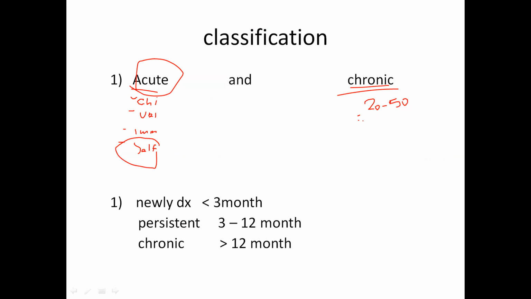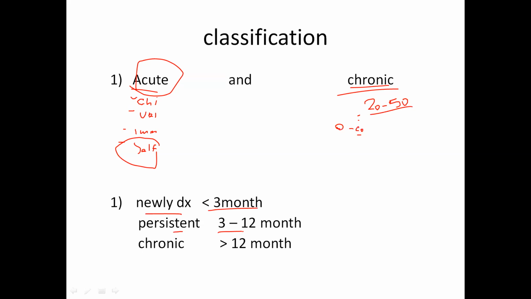Whenever you find ITP in an adult, you must start corticosteroid, especially prednisone. So the very initial therapy of ITP in adults is initiation of corticosteroid, especially prednisone.